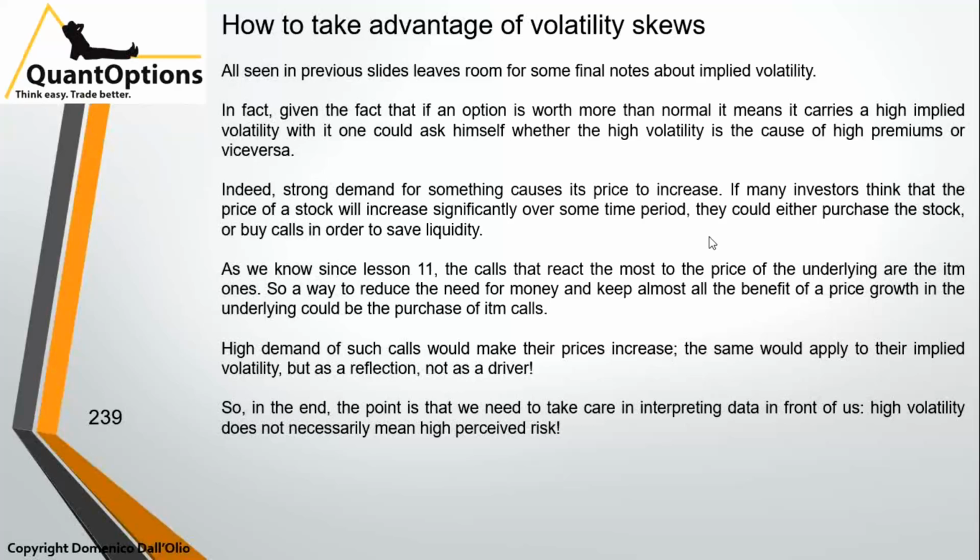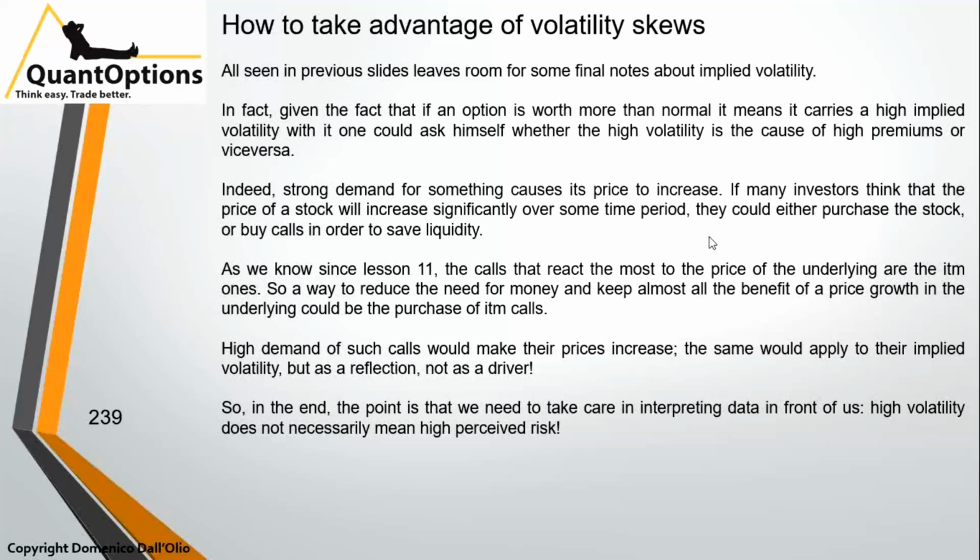As we know since lesson 11, the calls that react the most to the price of the underlying are the ITM ones. So a way to reduce the need for money and keep almost all the benefit of a price growth in the underlying could be the purchase of ITM calls. High demand of such calls would then make their prices increase, and the same would apply to their implied volatility, but as a reflection, not as a driver.